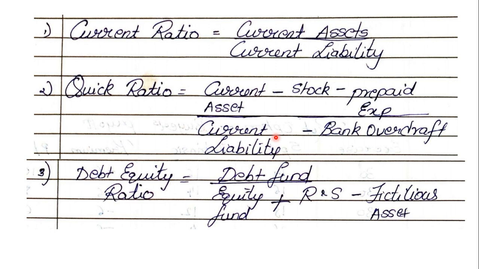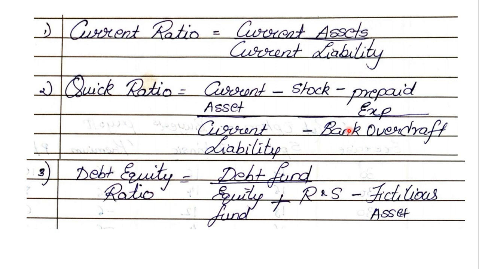Okay, the formula is basically you take all the current asset except stock and prepaid expenses. So if you already have found out current asset, then it will be current asset minus stock minus all your prepaid expenses, and current liability the quick liability will be nothing but current liability minus your bank overdraft.